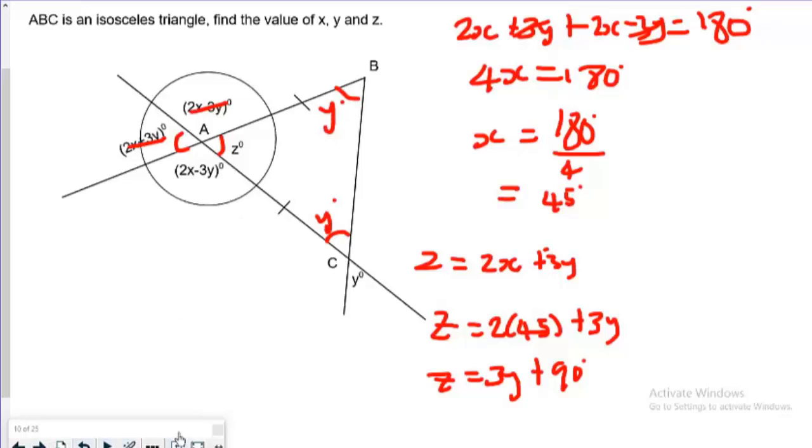Now we know that the sum of angles in a triangle gives me 180 degrees.